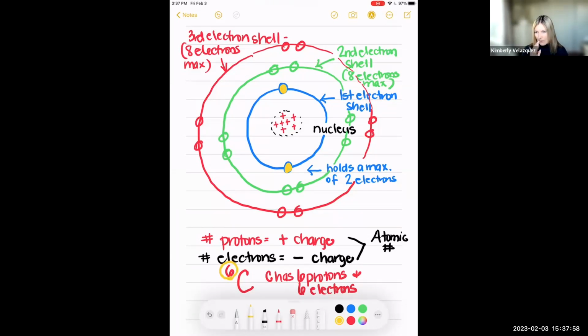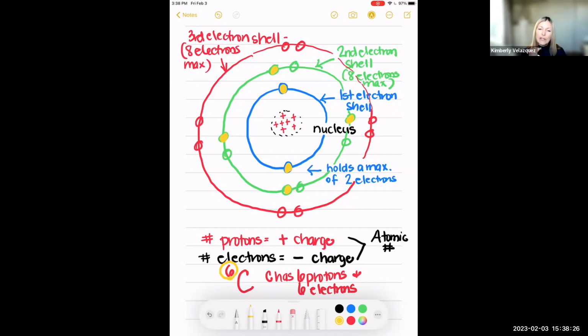So that means those other 4 are now going to start filling that second electron shell. 1, 2, 3, 4. So 6 electrons total for carbon, and they would be situated in the first electron shell, which holds a maximum of 2, and the second electron shell, which holds a maximum of 4.